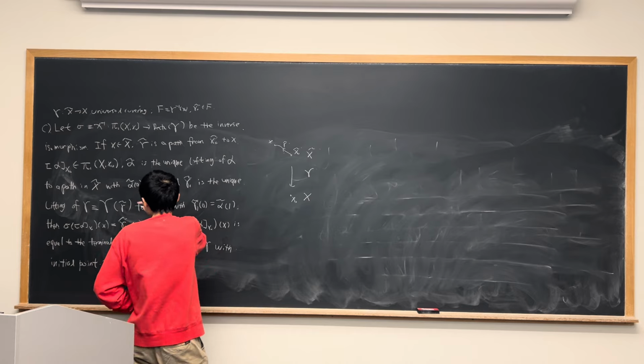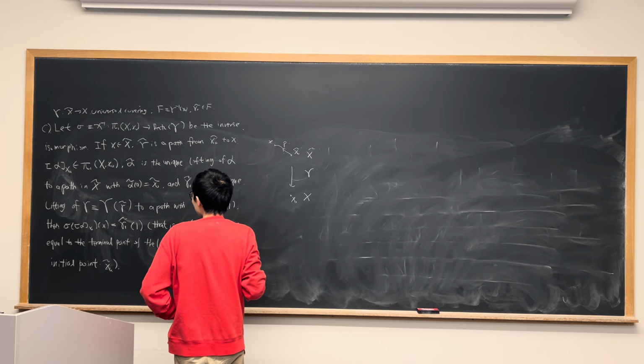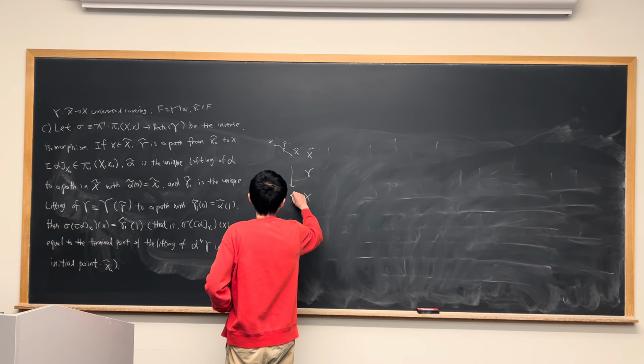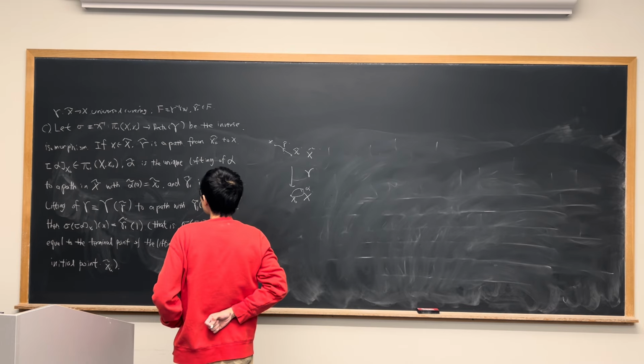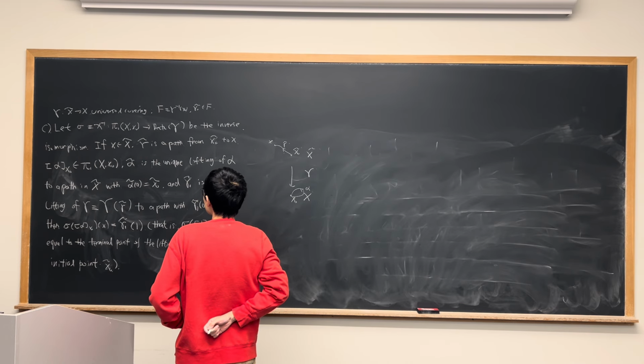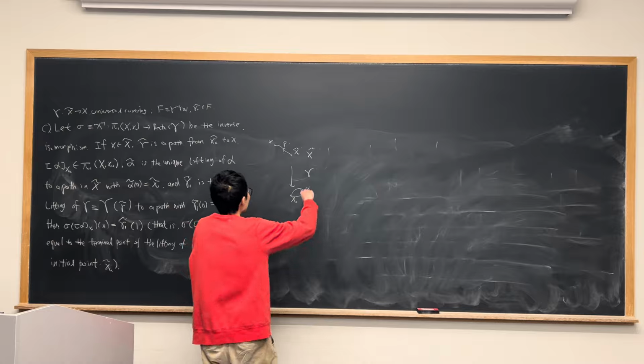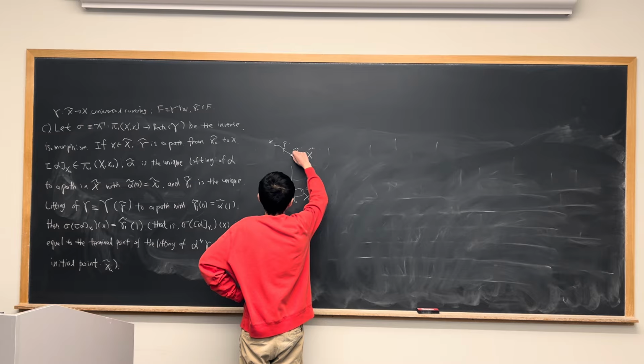Okay, so here you fix alpha. Alpha is a loop, so this is like alpha here. And then let's see what happens. This alpha tilde is the unique lifting of alpha to a path, with alpha tilde 0 equal to x naught tilde. So here you have a unique lifting, right?